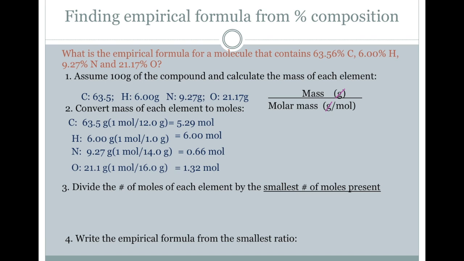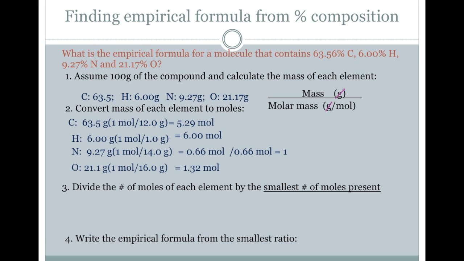And for hydrogen, it's 1 mole per 1 gram, so that's 6 grams to start, so we're going to end up with 6 moles. For nitrogen, there's 9.27 grams, and nitrogen is 14 grams per mole, so we divide by 14 and end up with 0.66 moles. And for oxygen, there's 21.1 grams, divide by 16 and end up with 1.32 moles.